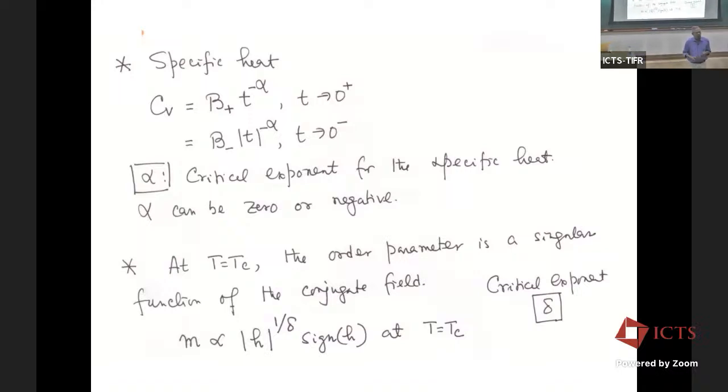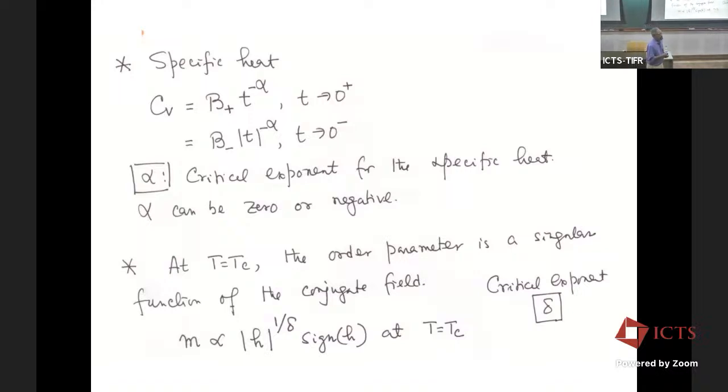In particular, at the critical temperature, there will be some dependence of m on H, and that dependence is itself non-analytic, and there is an exponent delta that one associates with it. So I have defined alpha, beta, gamma, and delta, some numbers which characterize the non-analytic behavior that one sees near this continuous phase transition.